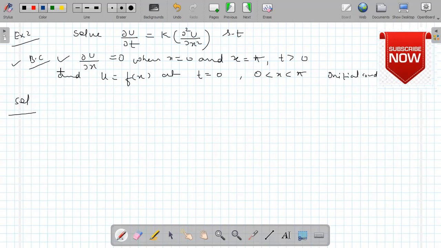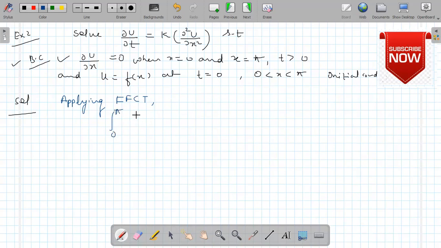तो क्योंकि ऑब्वियसली यू आर गिवन द डेरिवेटिव वैल्यू एट द बाउंड्रीज, सो वी अप्लाई फोरियर कोसाइन ट्रांसफॉर्म्स. Finite Fourier cosine transform on the given equation.